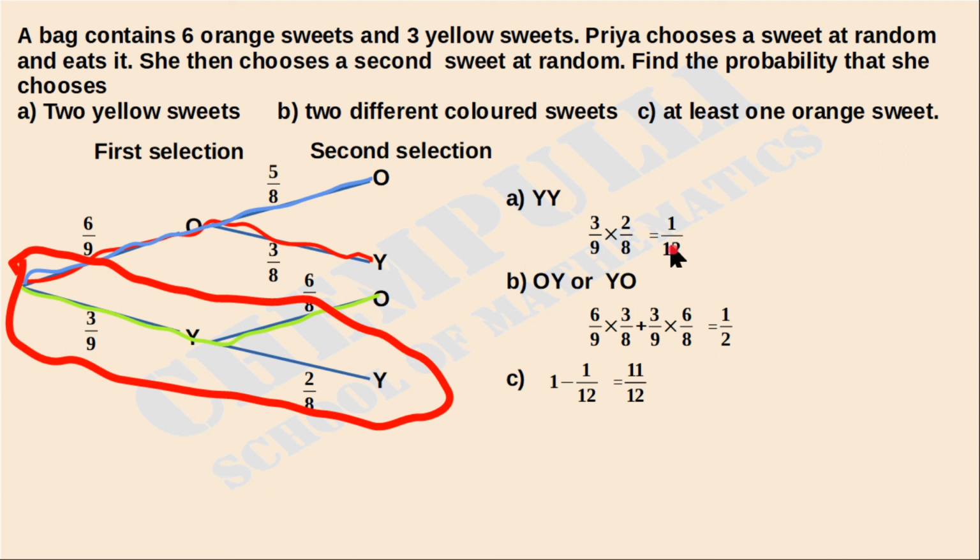That is the one part. To find the other part, or complementary part probability, we compute 1 minus that probability, 1 minus 1 over 12. Then we will get the answer 11 over 12. That is the answer. Thank you.